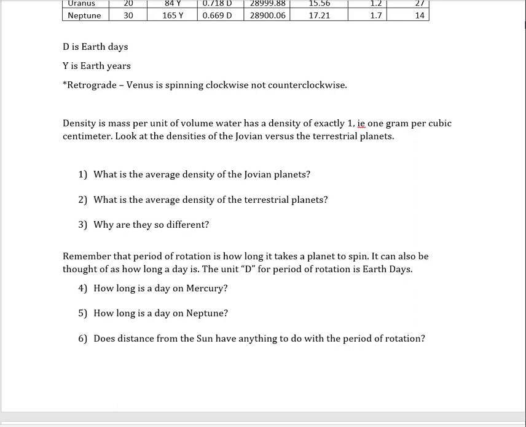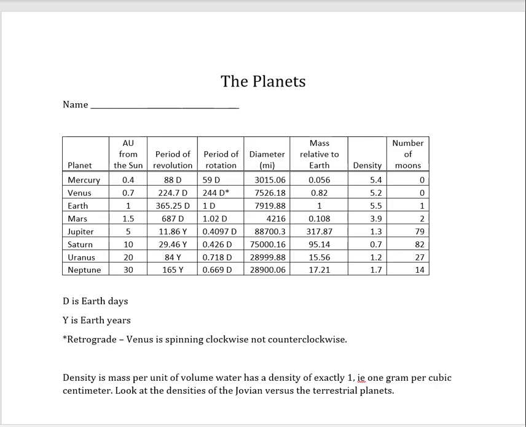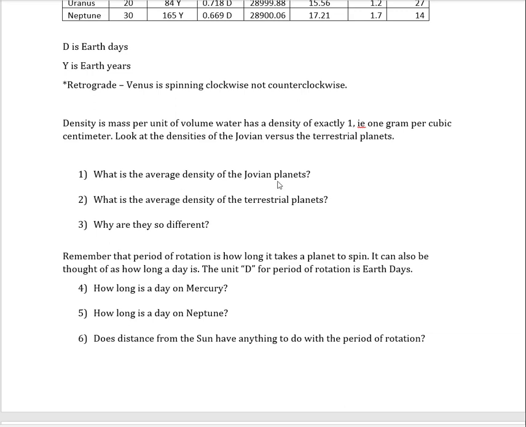So what you're going to want to do is take the densities and add them up, and then divide by 4, because there's 4 Jovian and 4 terrestrial planets. So add these numbers up, divide by 4. There's the terrestrial planets. Add these numbers up, divide by 4. There's the Jovian planets. Do the Jovian planets first, okay? Why are they different? Think about what they're made of.